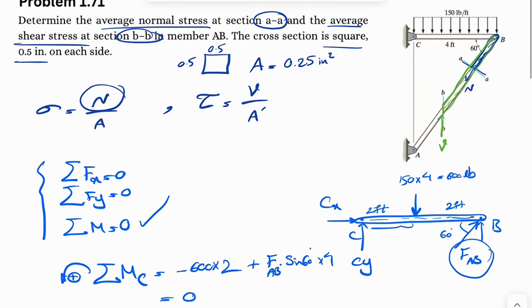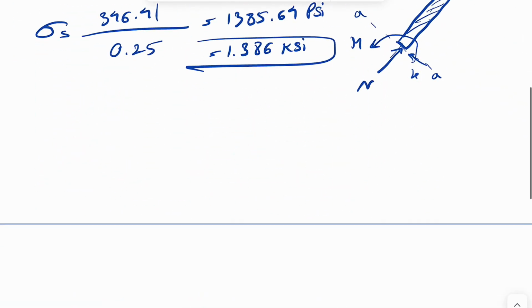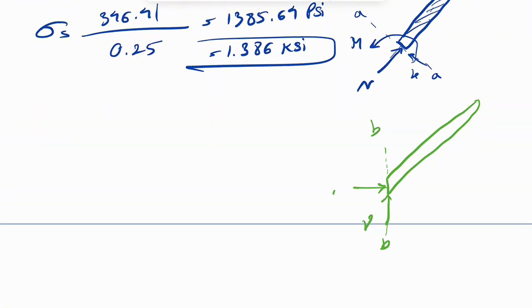All right, that was our first section. The other section that we have is the long one, which is section BB. So as I said, this is going to be our shearing force. This will be the normal force, and again, one bending moment too. But we only care about the shearing force, and we have the FAB in this direction, again the same value. Because we're interested in V, we know also this angle is 60 degrees. We can just do sum of all forces in Y equals 0.